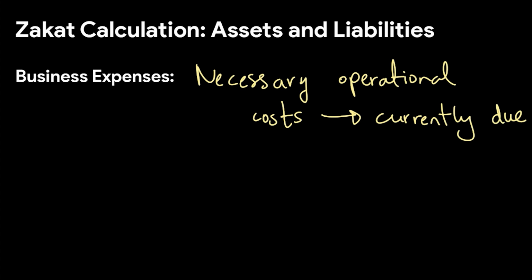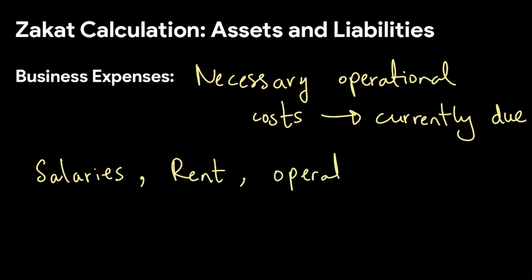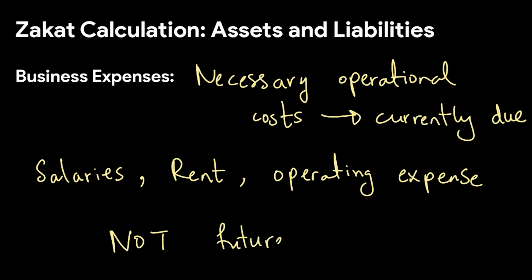So for example, salaries that you need to pay, rent for your business premises, any other operating expense that is currently due. All of these can be deducted when calculating zakat. And again, not any future expenses, just what is due or will be due shortly, not future expenses.